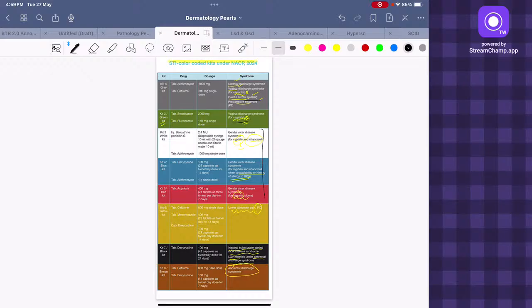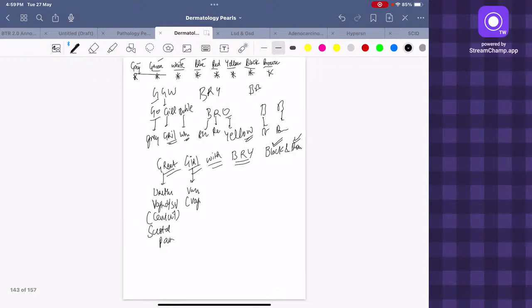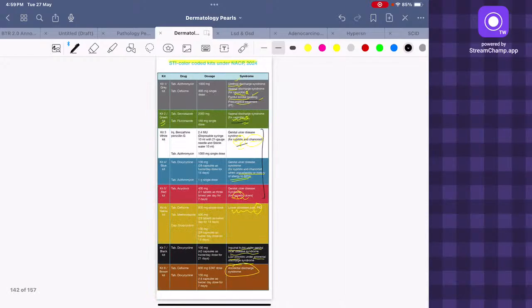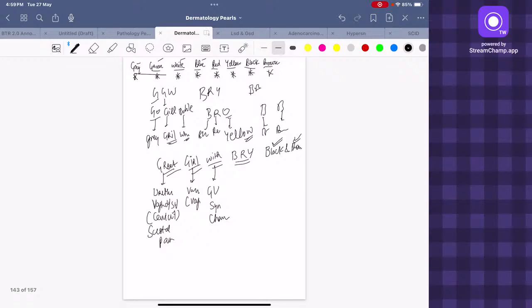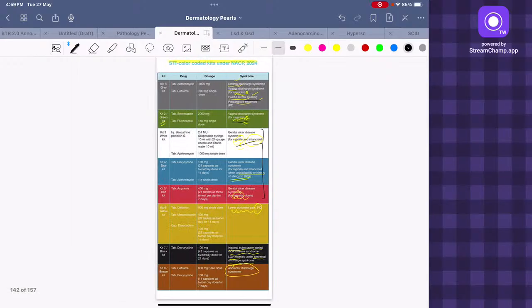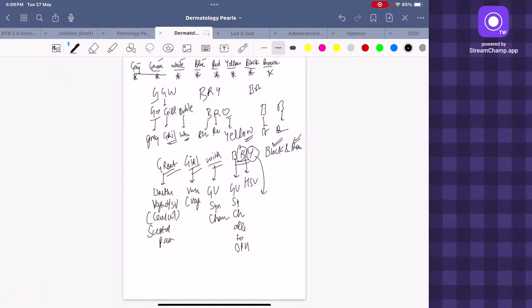Then we have genital ulcer, syphilis and chancroid वाले, blue genital ulcer, syphilis and chancroid वाले which are allergic to benzathine penicillin G, red is for HSV वाले herpetic ulcers.